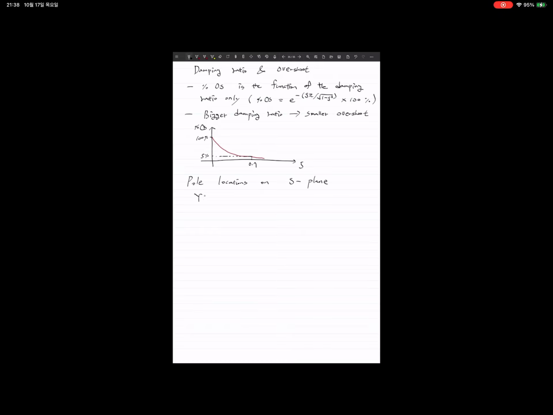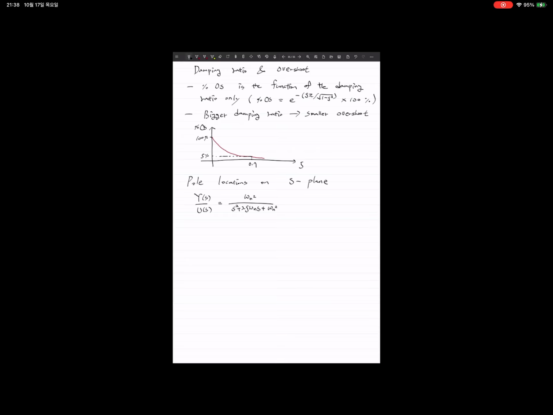Let us consider the typical second order system. The transfer function is this one.